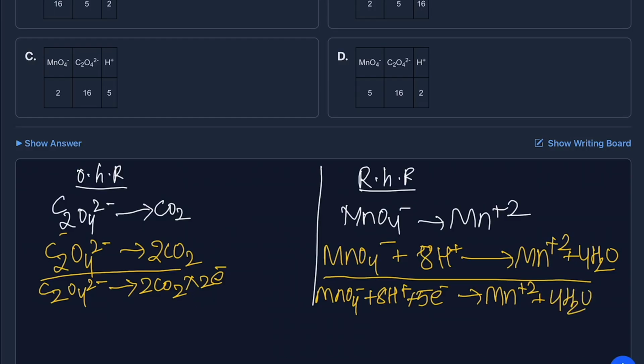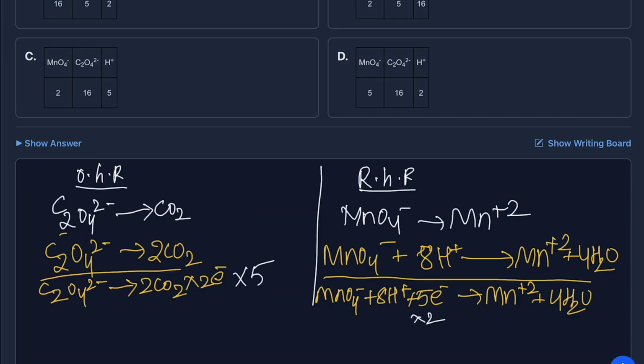Next we have to balance the number of electrons. Here 2 are there, here 5 are there. If we multiply the first equation by 5 and the second by 2, we get 10 electrons in each: 5 times 2 is 10, 2 times 5 is 10.